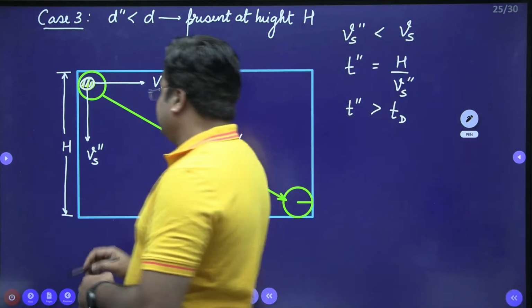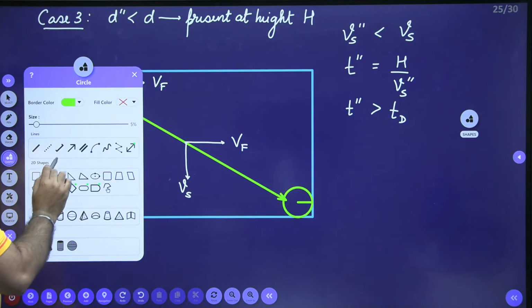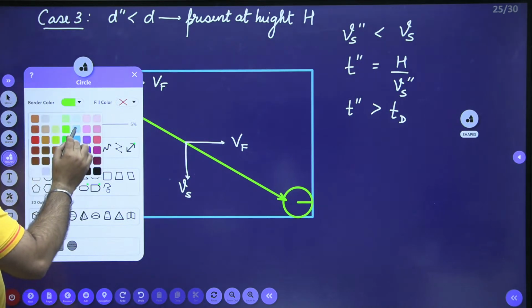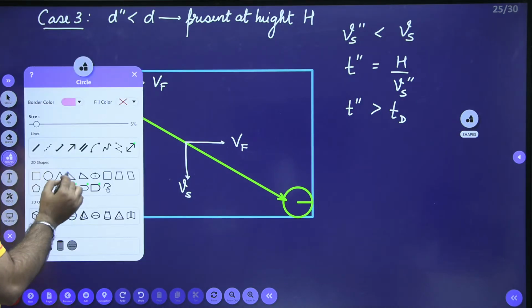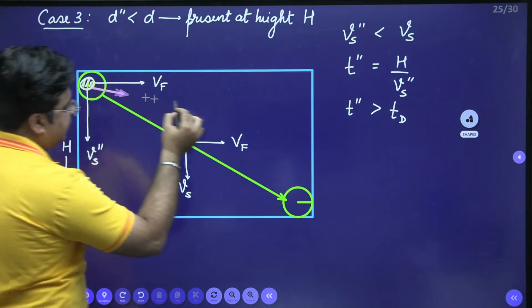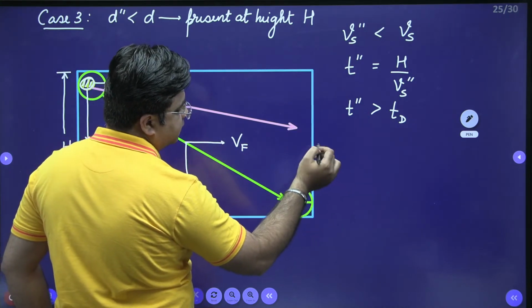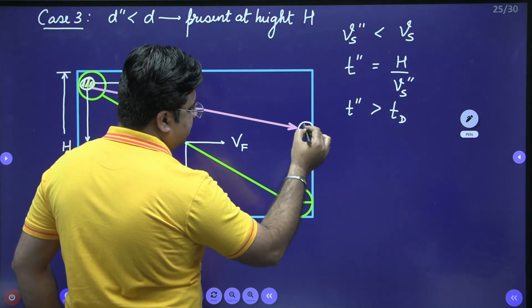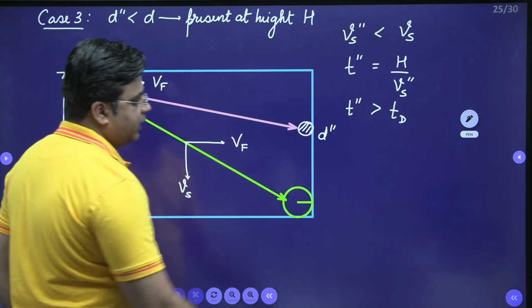In fact, the path travelled by them is like this. This is the path travelled by smaller size of particles, d double dash.